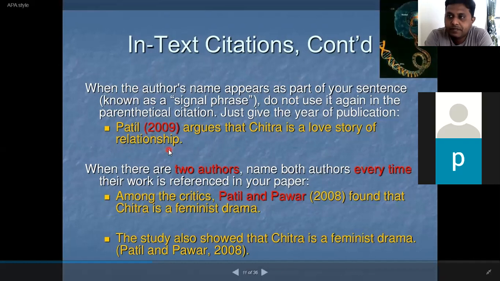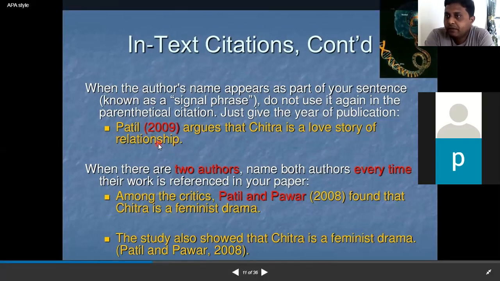Right. What happens in the case of MLA? If we quote the same line in the style of MLA, there comes how Patil argues that Chitra is a love story of relationship. Then comes 2009 at the end. So that's the difference. When there are two authors, see again a different situation.